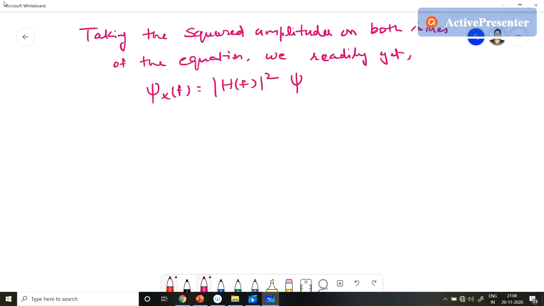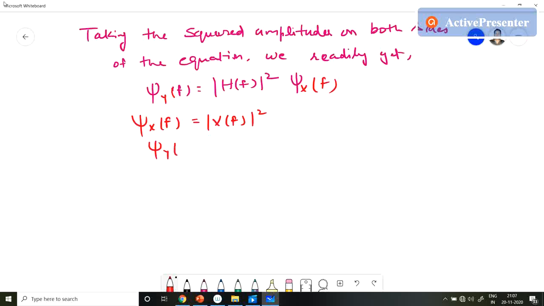So this is psi y(f), which is equal to modulus of H(f) squared into psi x(f). What is psi x(f)? That is equal to modulus of X(f) whole squared.